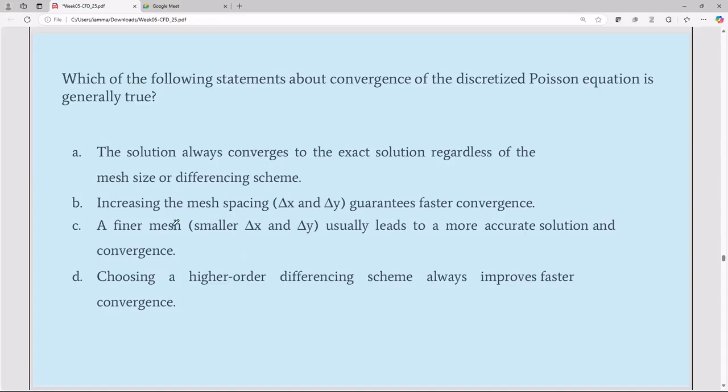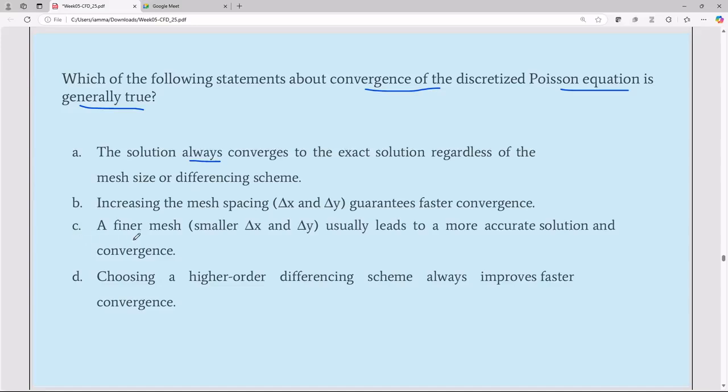Moving on to next question. Which of the following statements about the convergence of the discretized Poisson equation is generally true? Options are: option A, the solution always converges to the exact solution regardless of the mesh size or differencing scheme. Option B, increasing the mesh spacing delta x and delta y guarantees faster convergence.